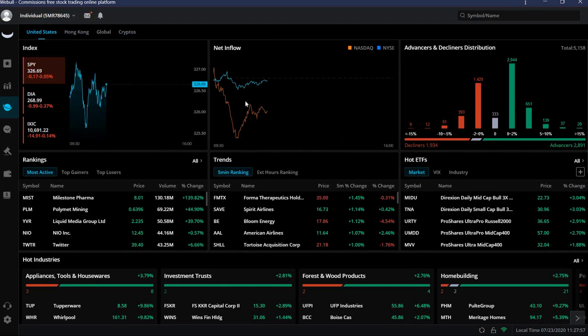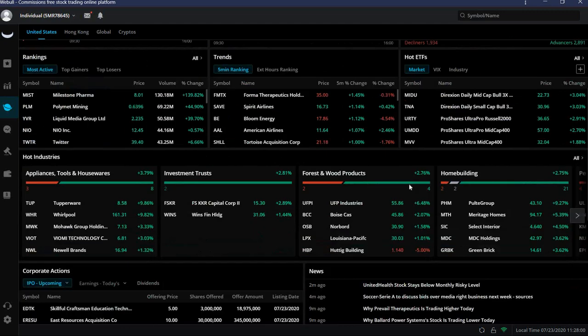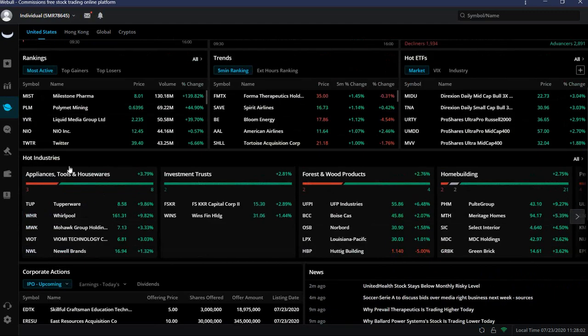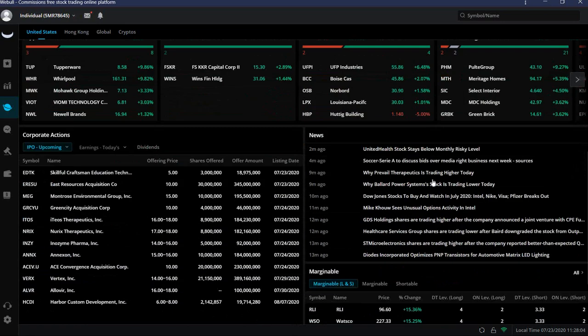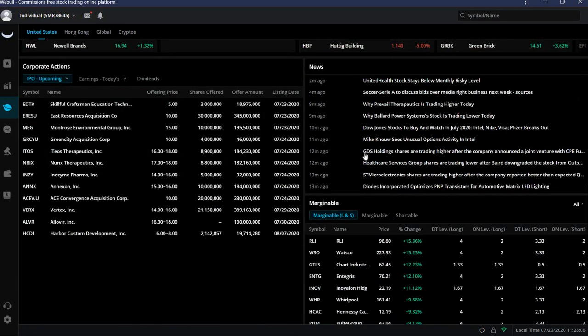But you can look up stocks by ranking, trend, ETF, by what industry it's in. I mean everything. Earnings reports, IPOs, recent IPOs, upcoming.